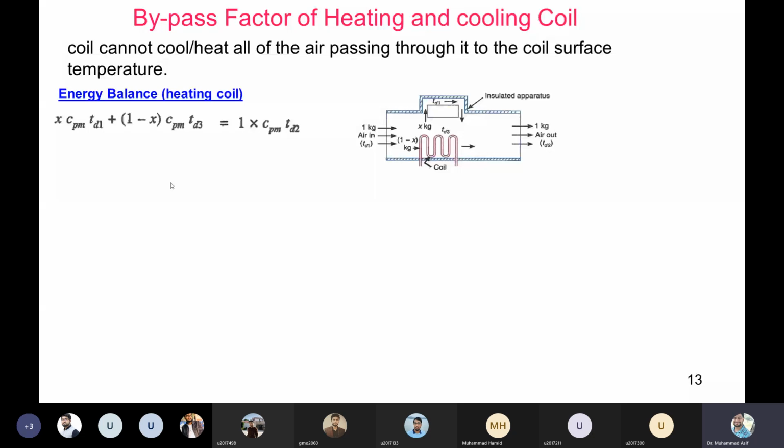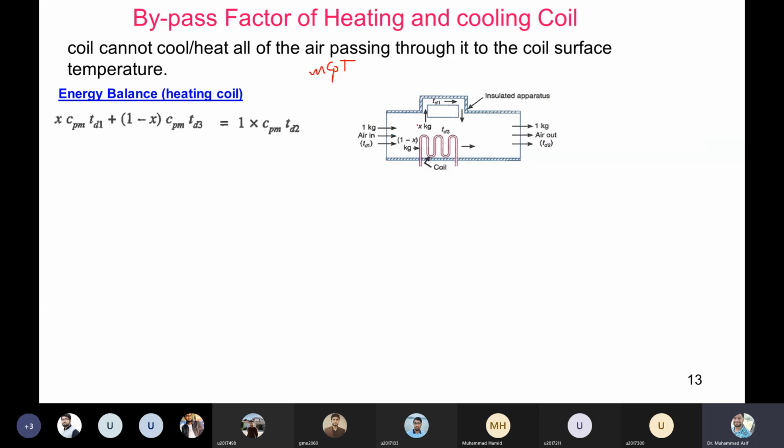So that means that enthalpy is basically m Cp T, right? So this is mass, meaning x kg, times the Cp of the moist air, because we are considering the total air.